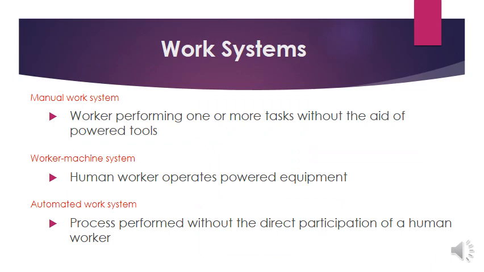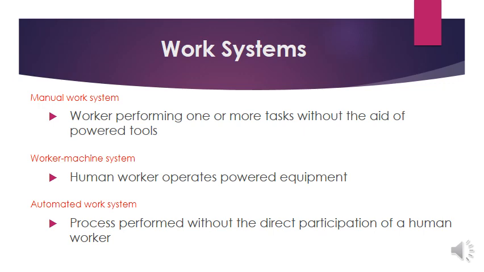After you understand designing the human-machine system, now we go to the types or categories of work system. There are three categories of work system: 1. Manual work system. 2. Worker-machine system. 3. Automated work system.